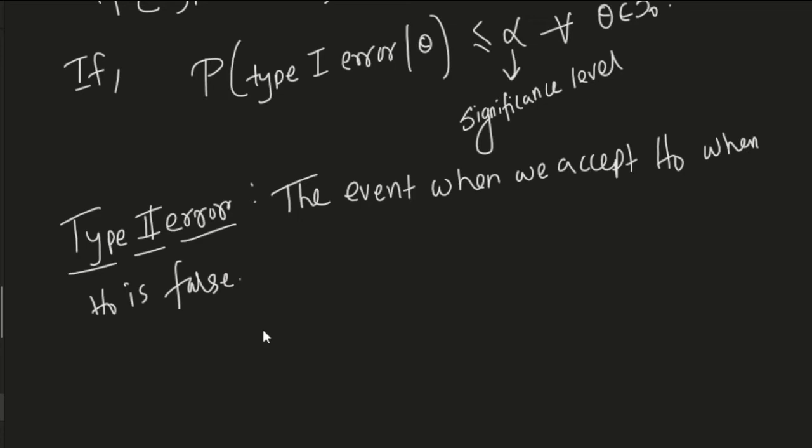So this is also a type of error, and we can also call it beta of theta. There are various ways of doing that. Since it is usually denoted by beta, you can write beta of theta, where theta is the parameter of the test statistic.